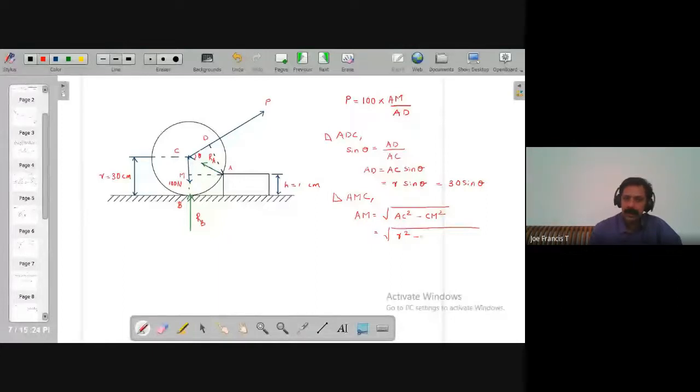So R minus H, the whole squared. Okay, we know the values for R and H. So we know R is 30, so 30 squared, minus R minus H is 15, since H is 15, 15 squared.